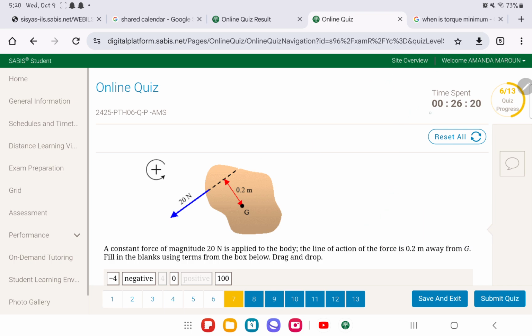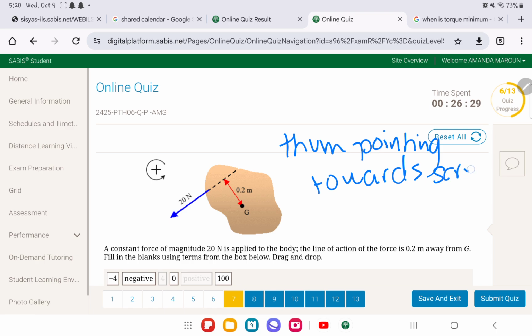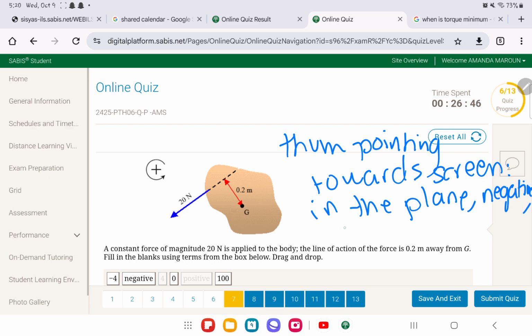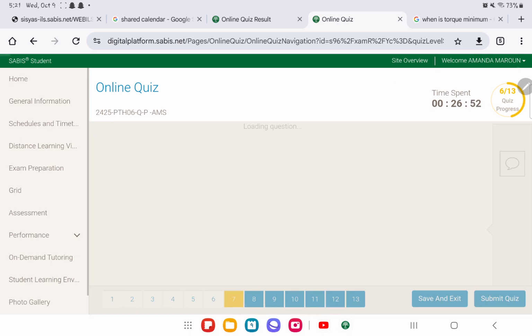However, if your thumb is pointing towards the screen, I forgot how to write screen, oh my goodness, screen. Okay, then that means it is in the plane. It is negative, and it is clockwise. So this is for your thumb pointing inside or outside.